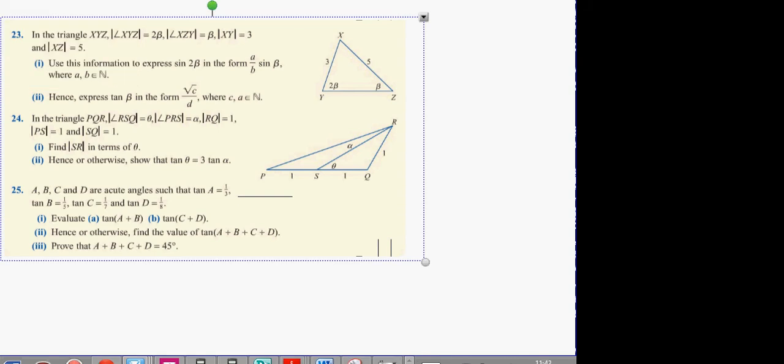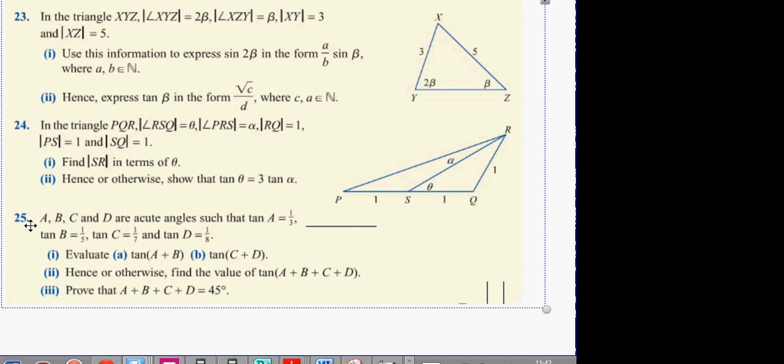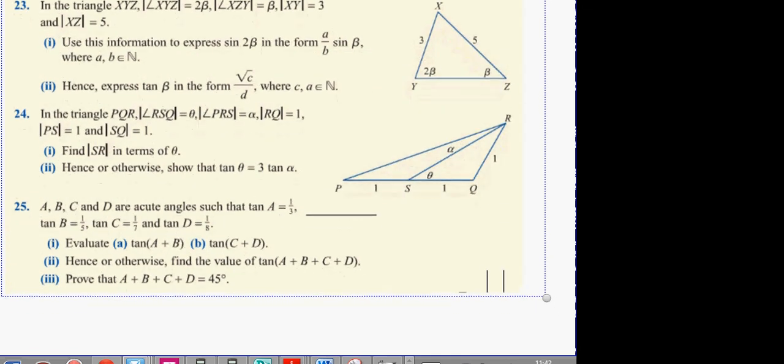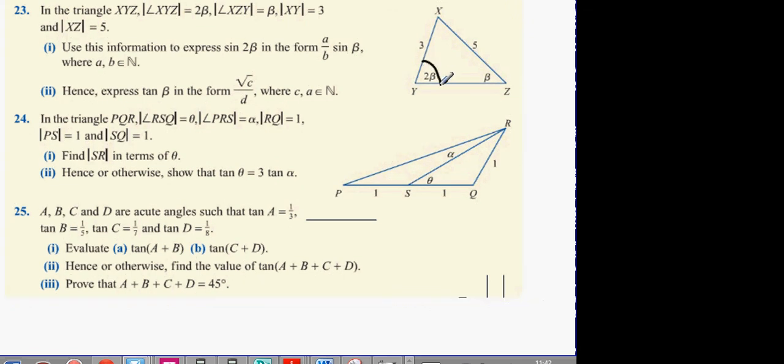Alright. This one here is a difficult one, okay? Now, what it says is, use the information to express sine 2b in the form AB sine B. Anybody know how to do this one? Anybody in class? Anybody at all? It's a bit random. You haven't seen anything like it. Use the sine rule, thank you, Simon.